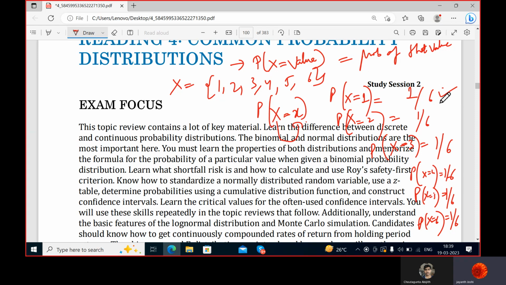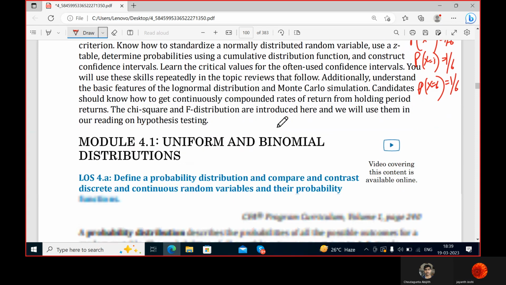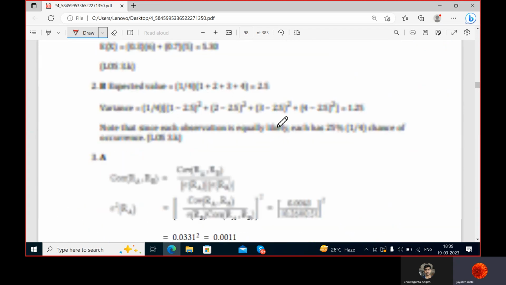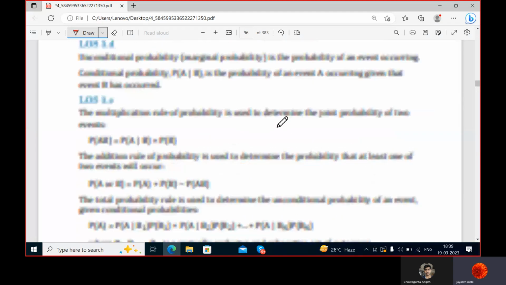That is the probability, and this is the probability function. This probability function can take any expression, we will come to that afterwards. But as far as this is concerned, it is clear, correct? Okay, let's go forward now. So now we will first discuss the distribution. What is the distribution all about?